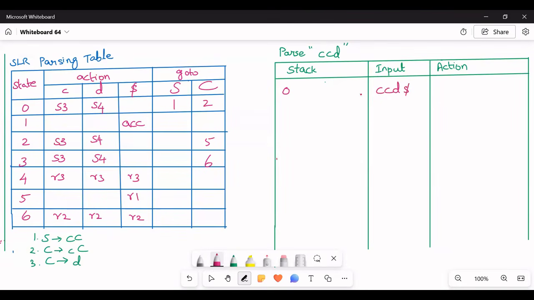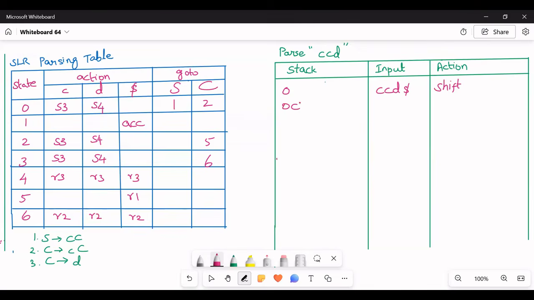Now refer 0 comma C is shift 3. So shift is action. We have to write C here.